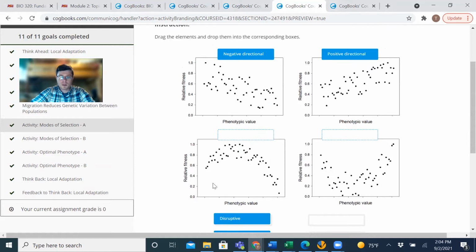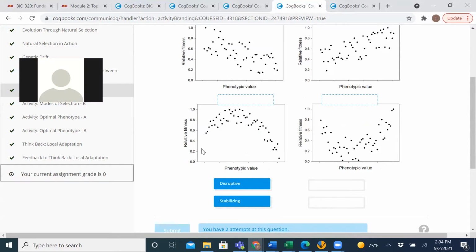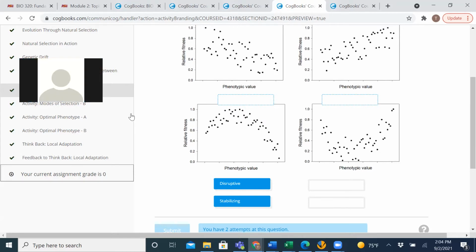And what about this one here when it's like almost like a bell curve? Stabilizing. What's the argument that this would be stabilizing? Because the ends are kind of not as fit as the middle.